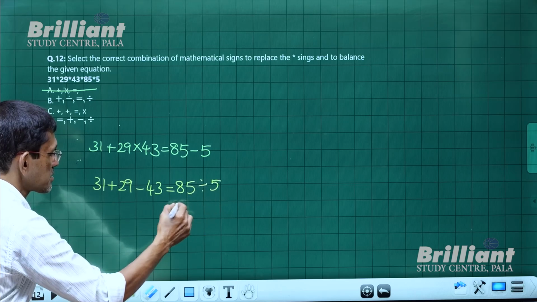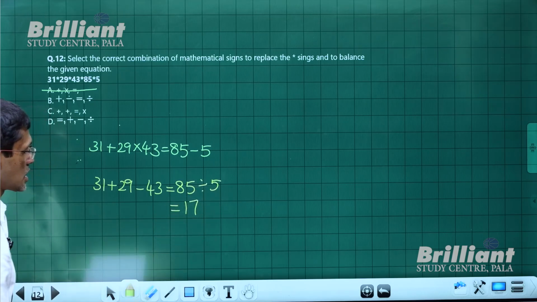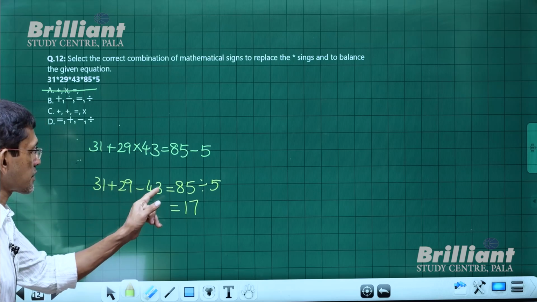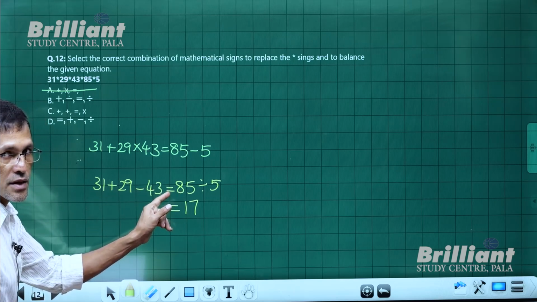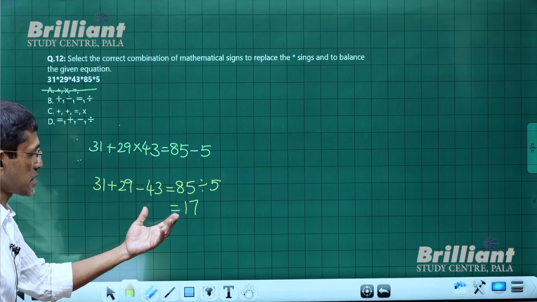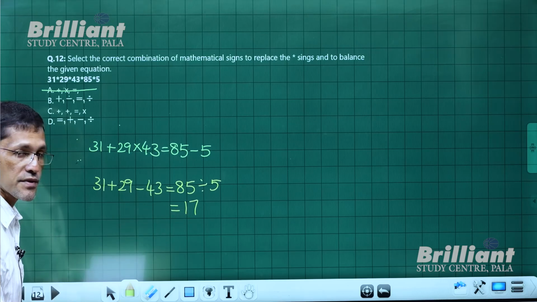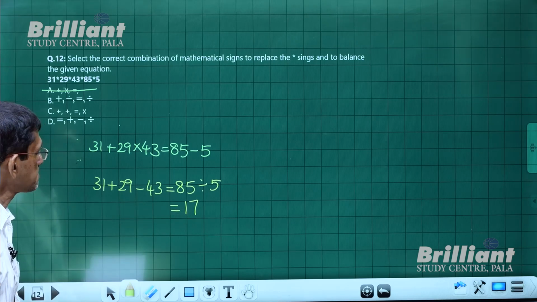So 85 divided by 5 is 17. So when you solve the left hand side, we should get that 17. That is what we are looking at.